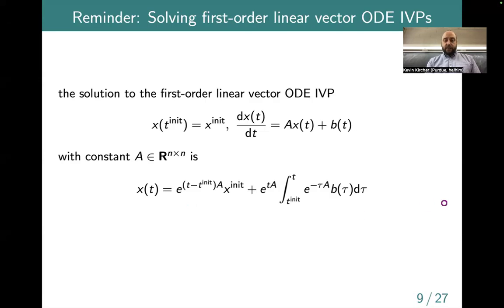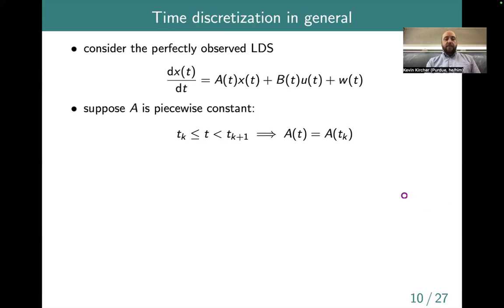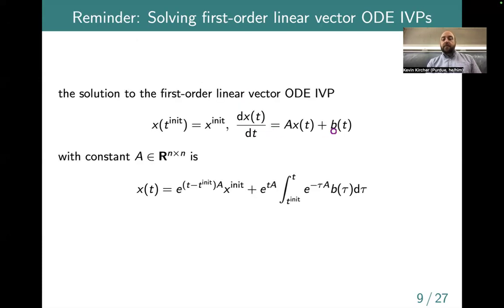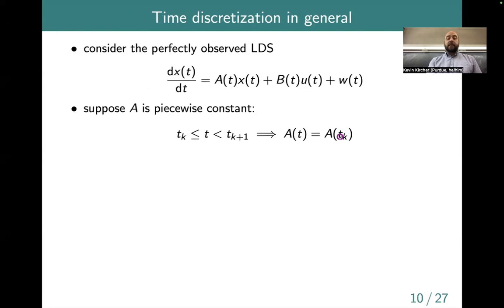Okay, so we're not quite to the time discretization yet, but let's suppose that we have this linear dynamical system. The difference here is that the dx dt is the same, the Ax is the same that we showed here, but we just had this vector b as all the additive stuff in this equation.